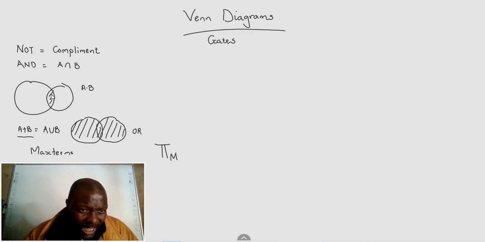If there was nothing there, this is the minimum, the bare minimum of the entire set. The smaller the relation between A and B, the smaller that set becomes. This is the bare minimum of the relationship between A and B. Hence, we refer to the AND as a min term.